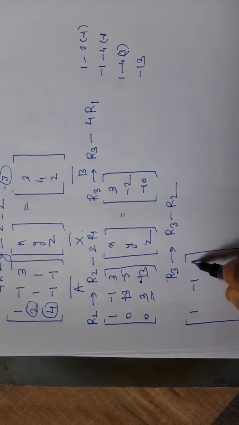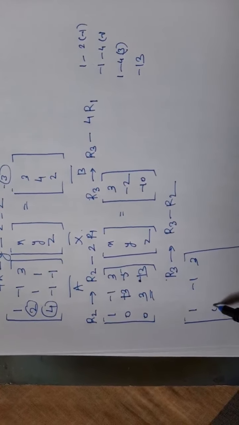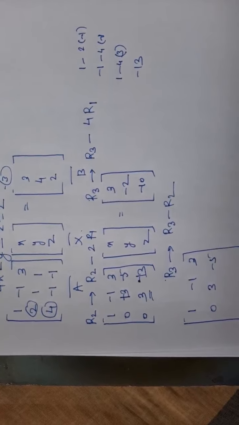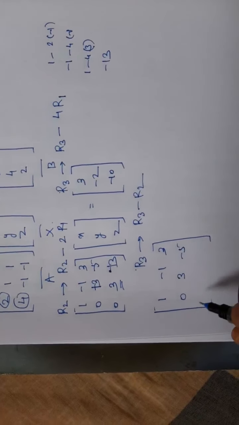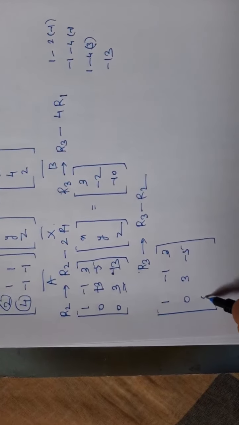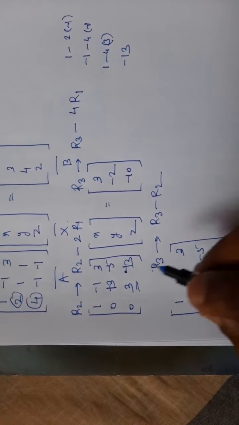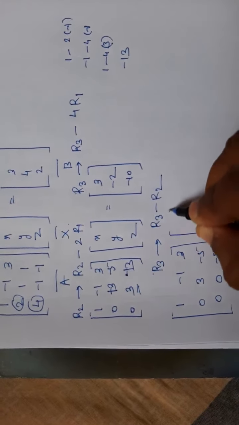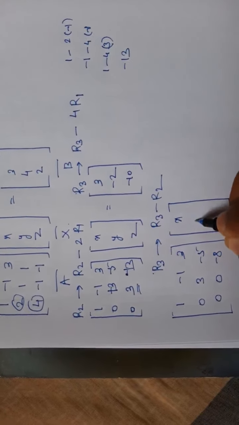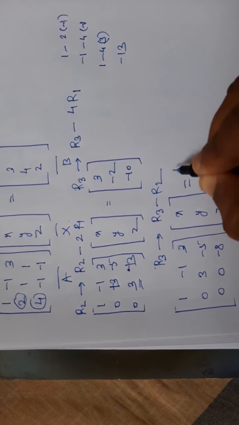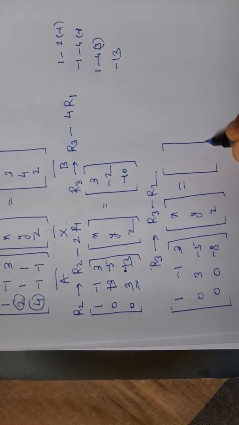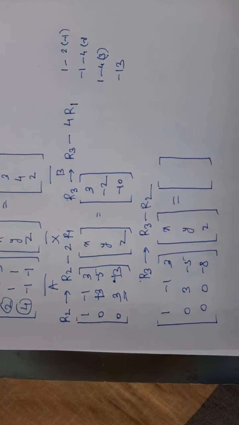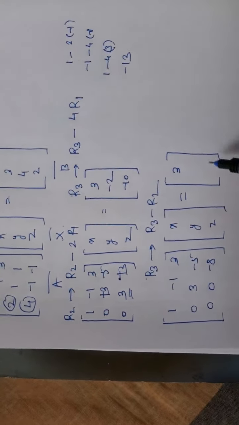So we will write the first row as it is, and the second row also as it is. R3 minus R2: this is 0, 3 minus 3 is 0, and it becomes minus 8. The right side, 3, I will write as it is.